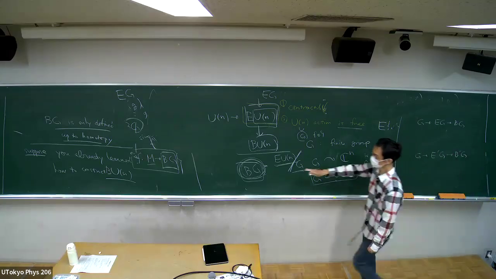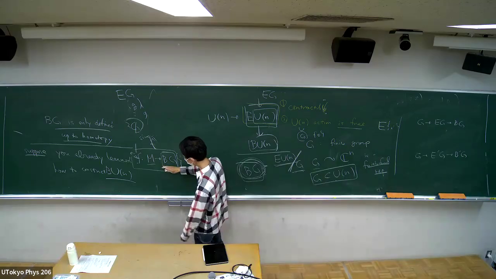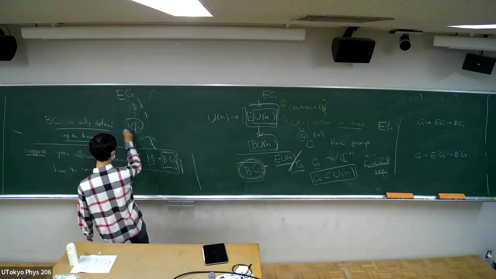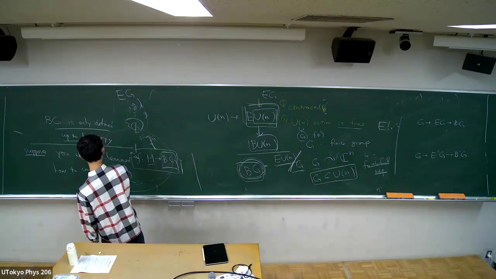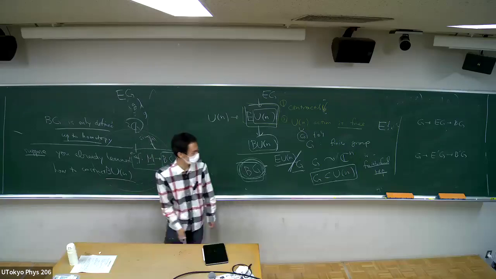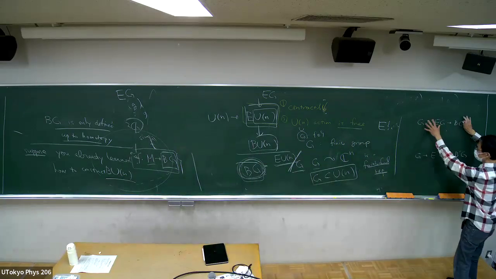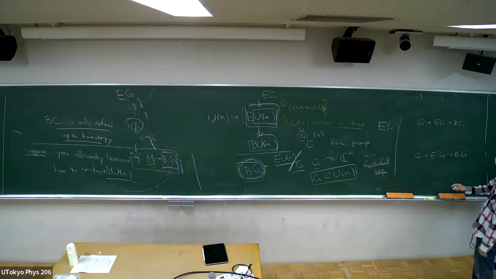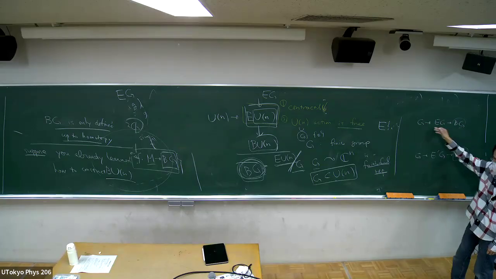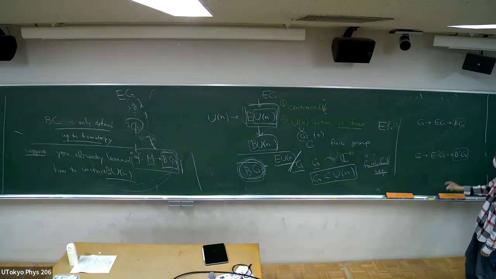So for both BG, this property is satisfied: a G bundle on any space is specified. So let's consider this B prime G as the classifying space, and this is the random space you are considering the G bundle on. Then because this is a classifying space, you have a map from this to that.